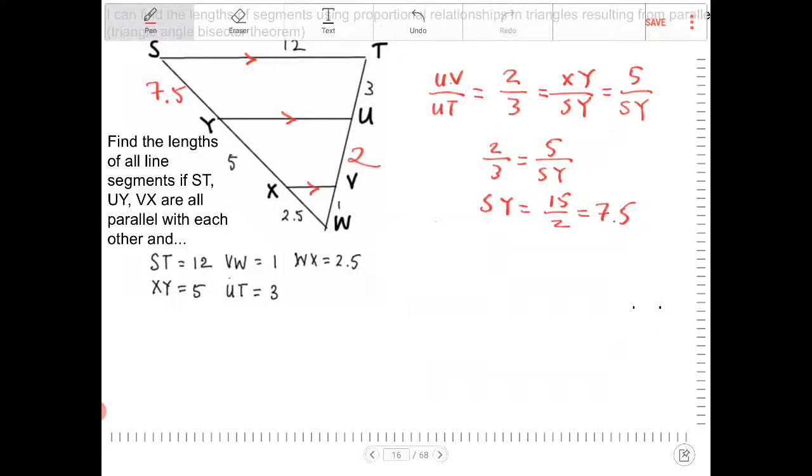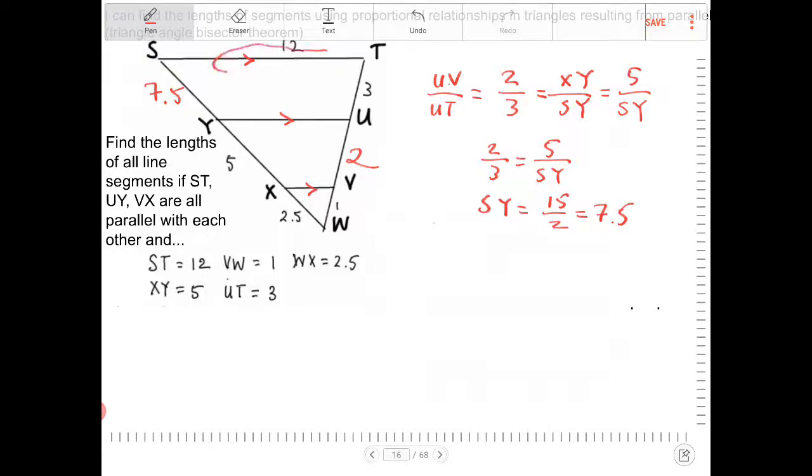Next, I have to figure out what UY and XV are. So I need to know what UY and XV is. I can now set up a series of proportions here. I cannot use the side-splitter theorem because here I'm dealing with the length of the parallel segment.